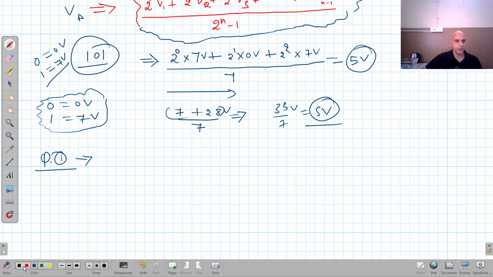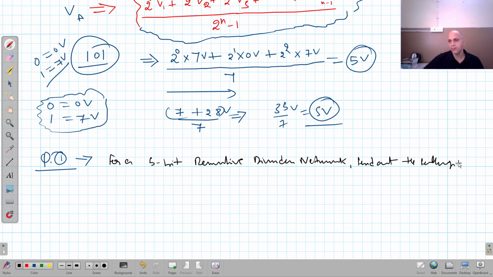The question is: for a 5-bit resistive divider network, find out the following.